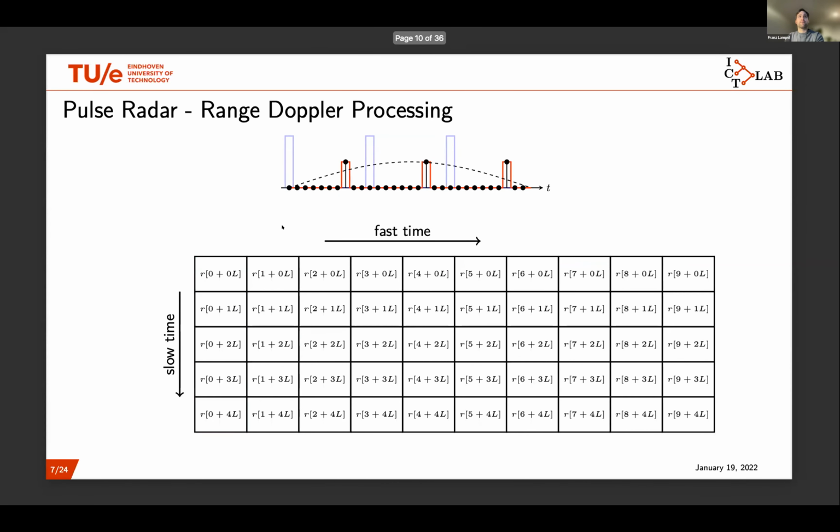You take the first sample and then the next sample spaced by L and so on, and arrange them in a column here. Then you go on, you take the second sample and arrange them in the second column, and so on. For example, in this case the target was present. So we can see here the pulse being present at a certain range bin, and each of those samples will have a certain phase rotation.